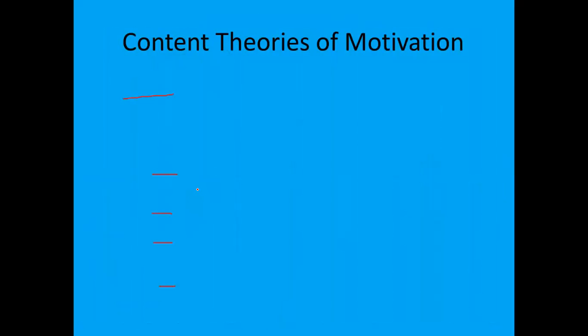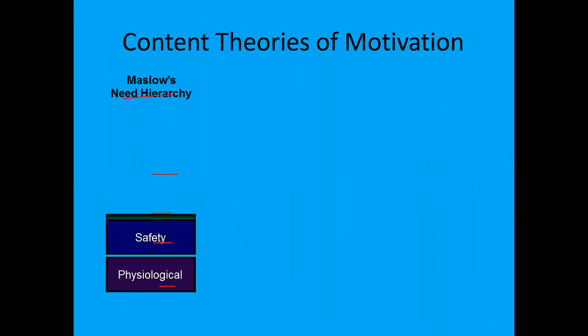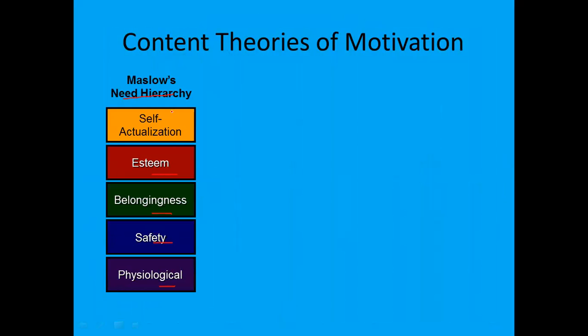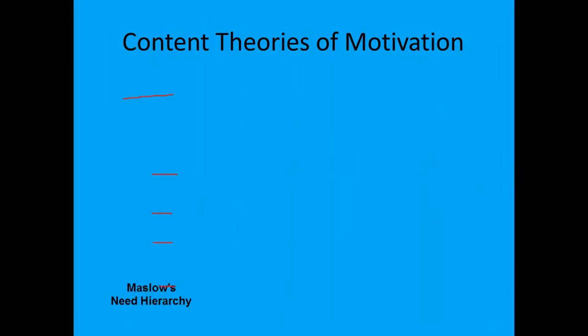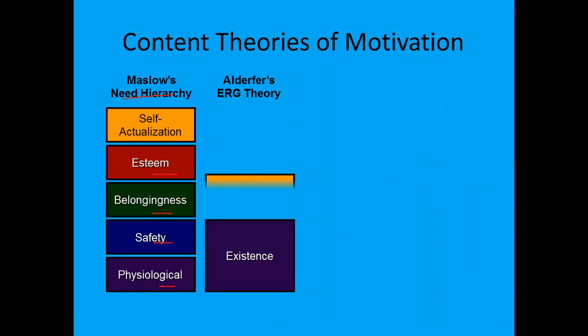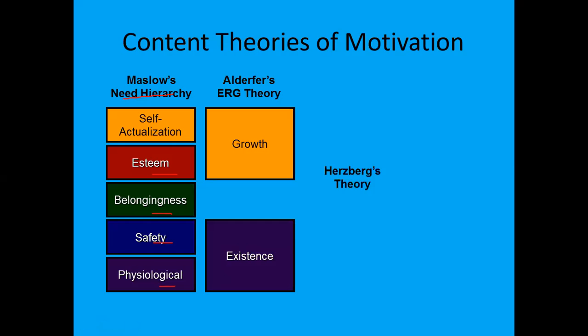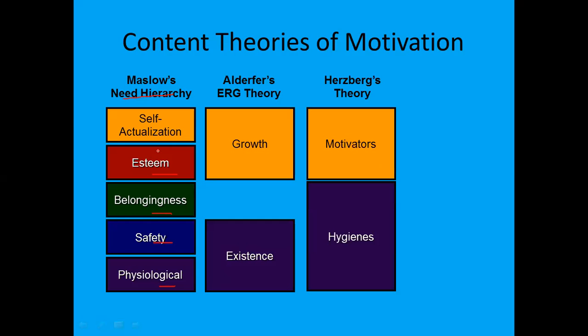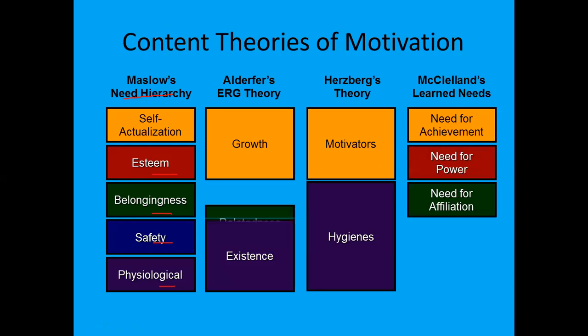So in the content theories of motivation, we have self-actualization, esteem, belongingness, safety, and physiological. In Alderfer's ERG theory, we have the concepts of growth and existence. In Herzberg's theory, we have motivators and hygiene factors. Next is McClelland's learned needs: need for achievement, need for power, and need for affiliation.